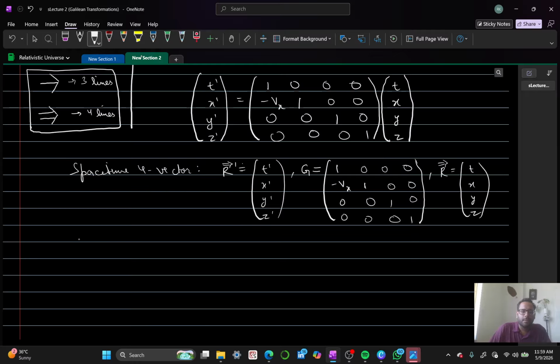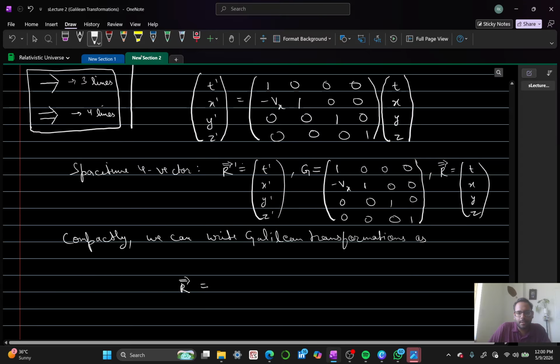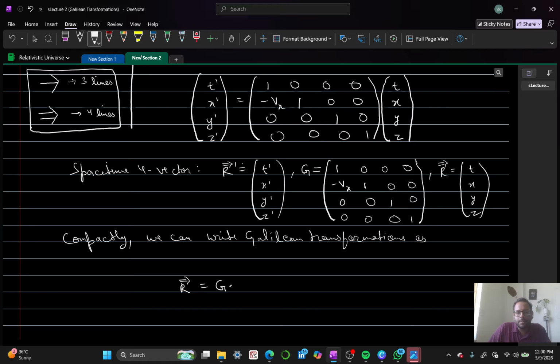So compactly we can write the Galilean transformations simply in my four vector notation as G, with a simple matrix multiplication, in the primed coordinate, and this is the unprimed coordinate system.